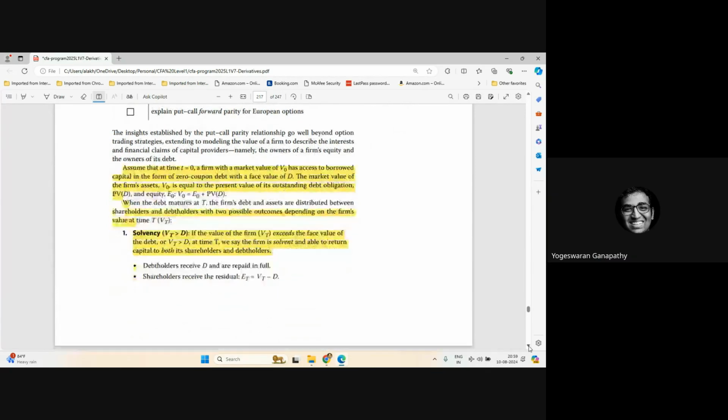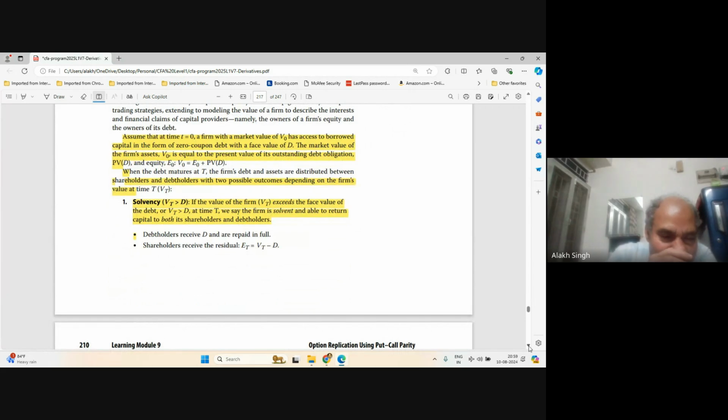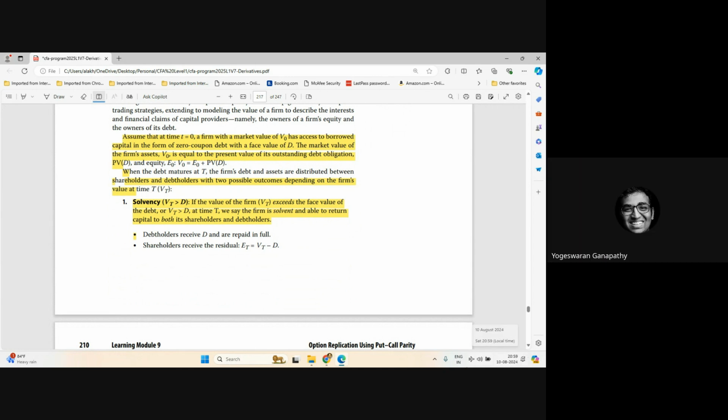Now, when the total assets are greater than D, then the firm is solvent. It will pay. So whatever is the value of the firm, if we deduct from that the present value of debt, we get equity. Sir, according to accounting, both should be equal, they balance out anyway.